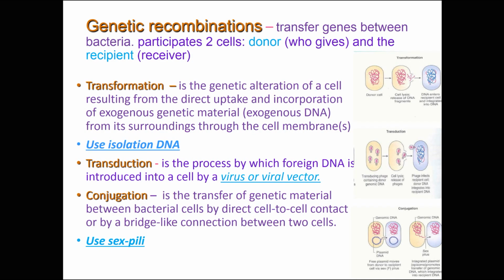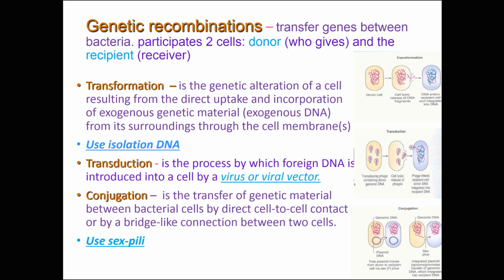Genetic recombination is transfer of genes between bacteria. We need two cells, donor and recipient. Transformation is genetic alteration of a cell resulting from the direct uptake and incorporation of exogenous genetic material, or exogenous DNA, from its surroundings through the cell membranes.